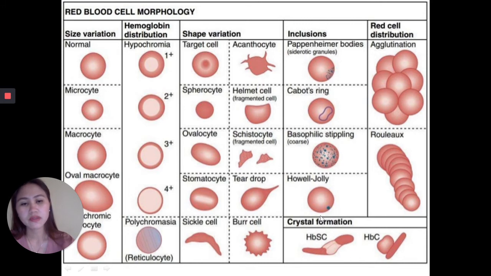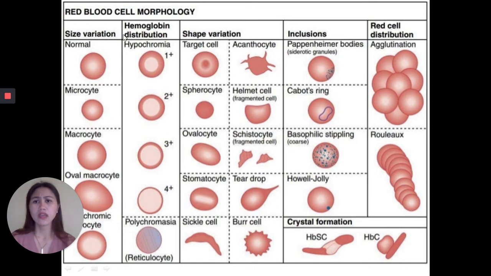For those RBCs that have hemoglobinopathies, this one will be the form of your RBC when it has hemoglobin SC, and this one will be the form of your RBC when it has hemoglobin C.